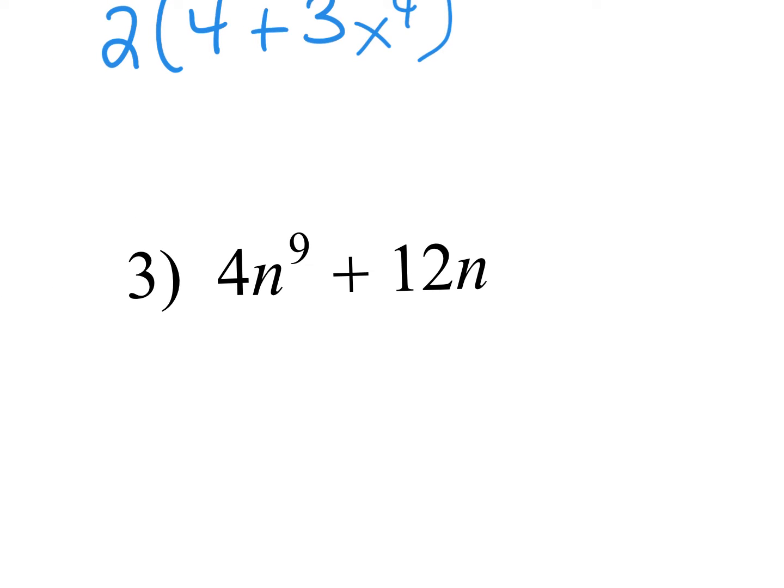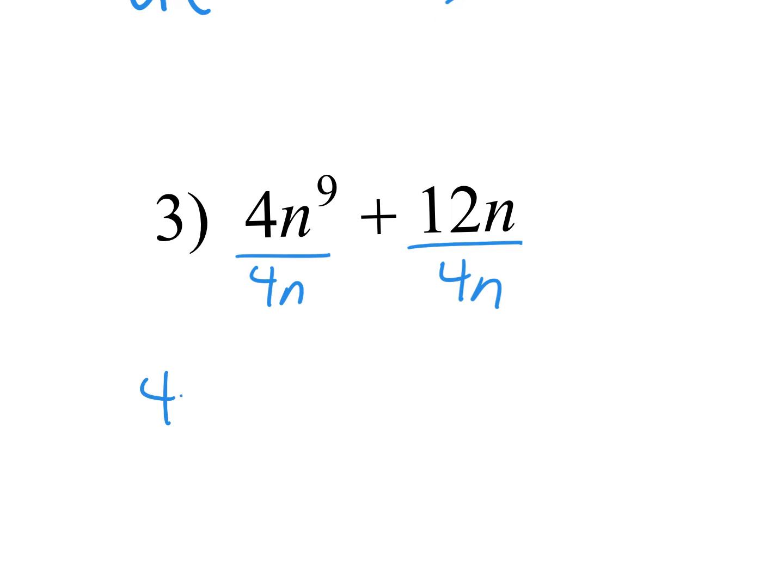What about number 3? 4 and the n, right? So I'm going to put a 4n underneath because sometimes we forget. So just remind yourself. So my 4n, I'm going to rewrite it out in front. 4 divided by 4 is 1. What's n to the 9th divided by n? N to the what? 8. How'd you get 8?